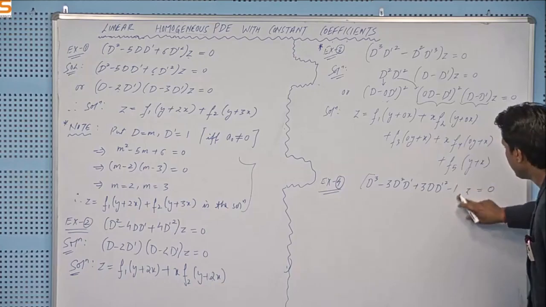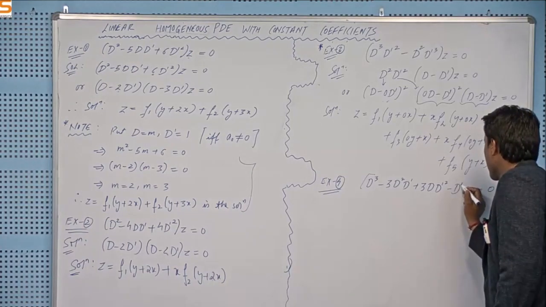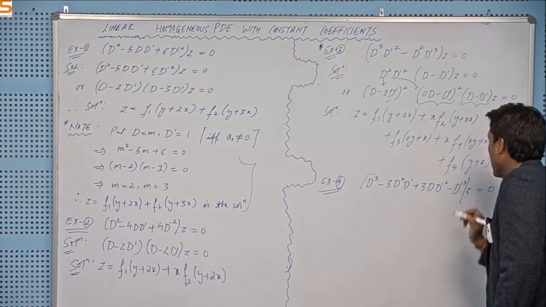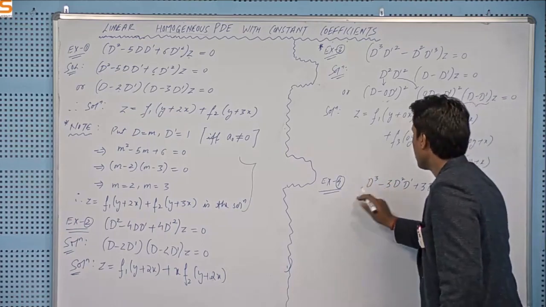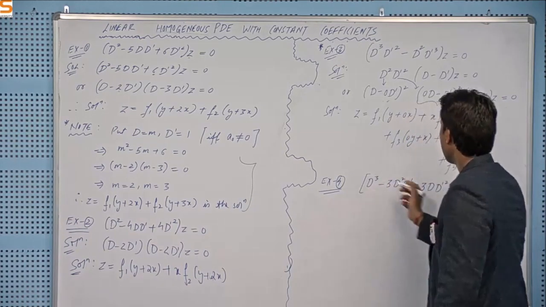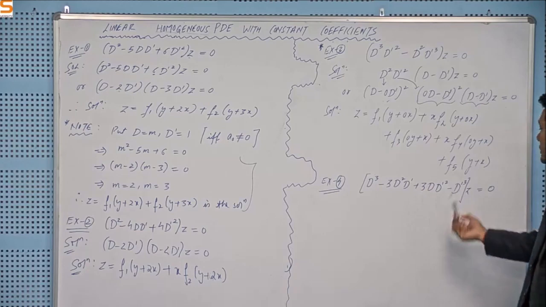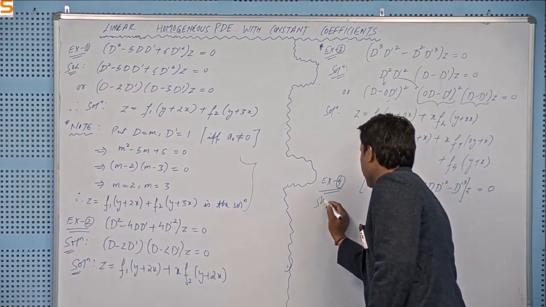Sorry, this should be d dash cube, because it is a homogeneous equation. Every term should be of degree 3, order 3.